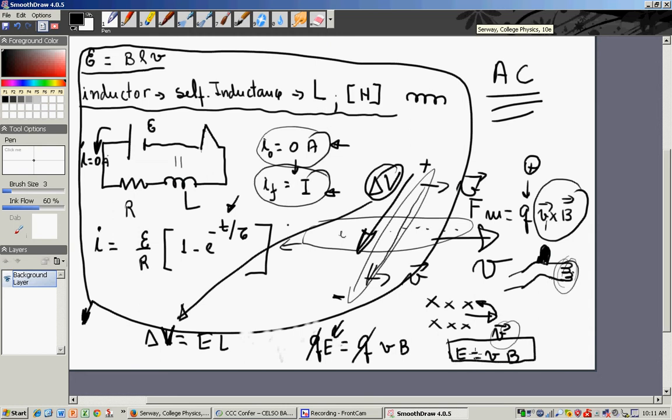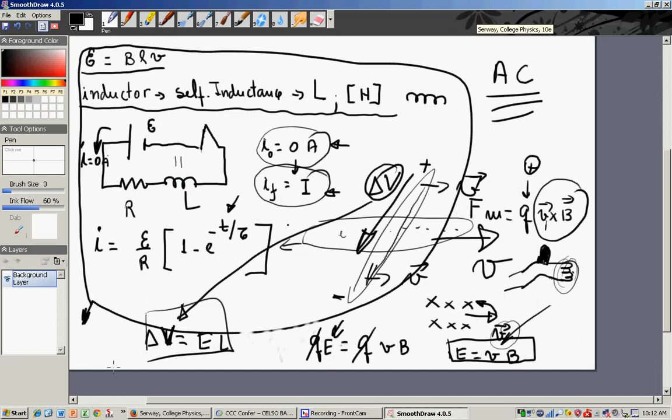Then we have the electric field equal to, nice, the first time we are equating electric field with the magnetic field. So this electric field on the wings is being generated by this external magnetic field. In the case of an airplane, it's the Earth's magnetic field, and through the velocity of the airplane. Isn't that cool? It's really cool.